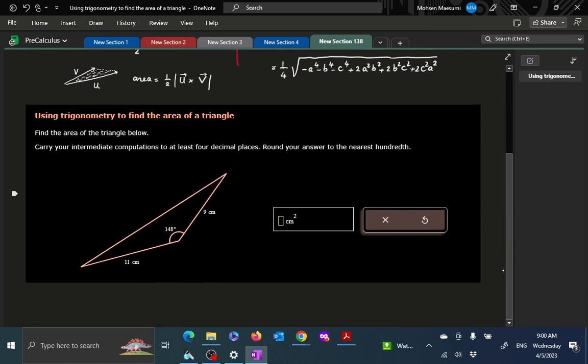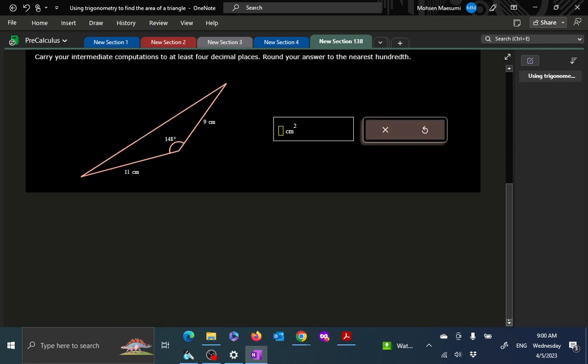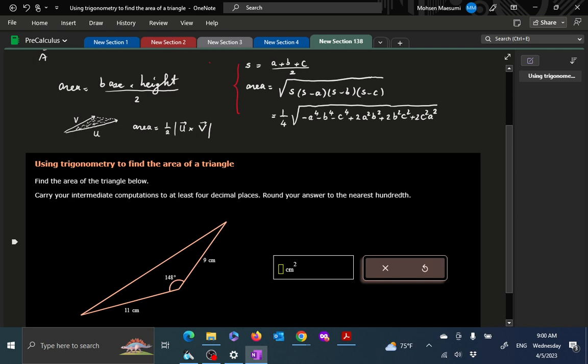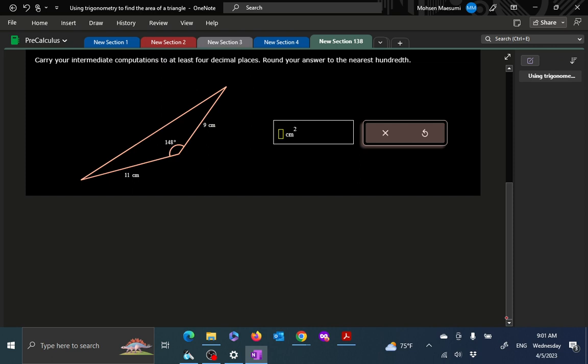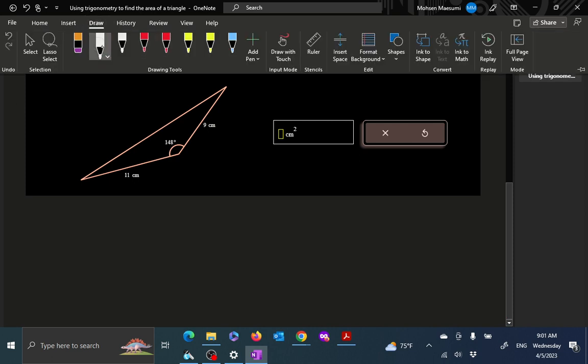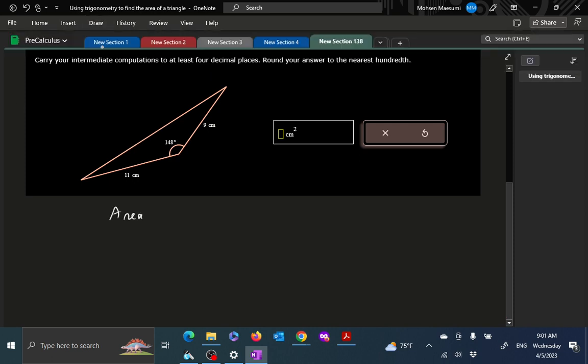The problem we are facing today is very straightforward. What is the area of this triangle? And they have already labeled it clearly for us. This is 9 centimeters, this is 11, this is 148 degrees, and all that we have to do is just write out the area: 9 times 11 times sine of 148 degrees, whole thing divided by 2.